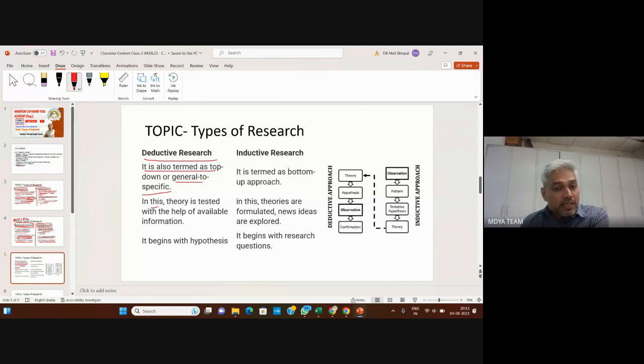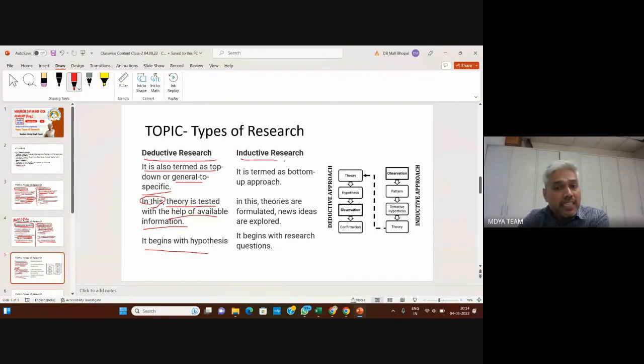In this deductive research, theory is tested with the help of available information, right? It begins with a hypothesis, meaning the information is already available. What you need to do is, the theory is already there, and you have to test it, right?